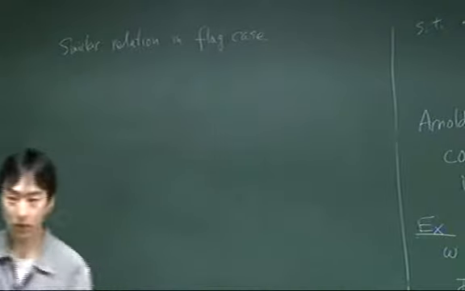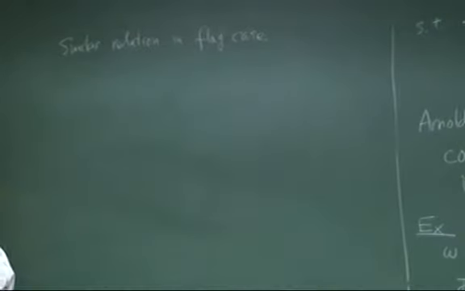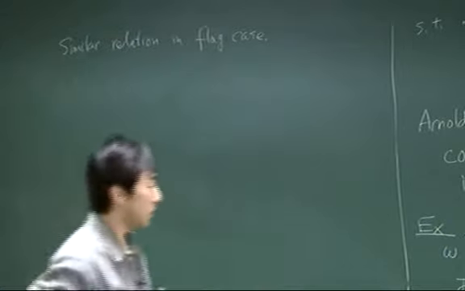When you talk about the moment map, there's an ambiguity, right? You can translate. Yes. So the ambiguity of translation is related to the choice of this coordinate.